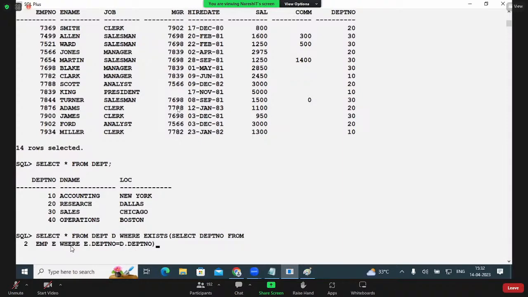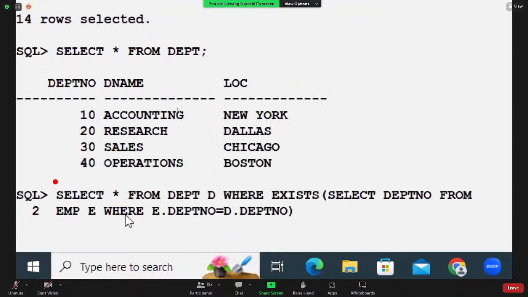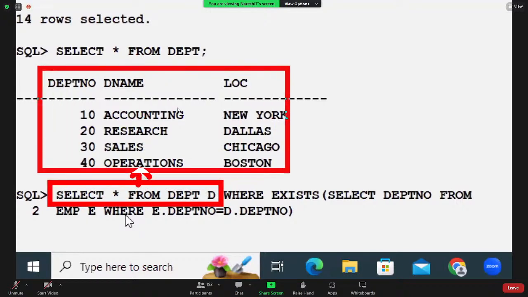Okay? In this correlated subquery, which query is executed first? Outer query. The outer query is executed. If the outer query is executed, this is your output. Yes or no? SELECT * FROM DEPT. That means my entire table will be returned. So the table came. Then after that, what is the condition?